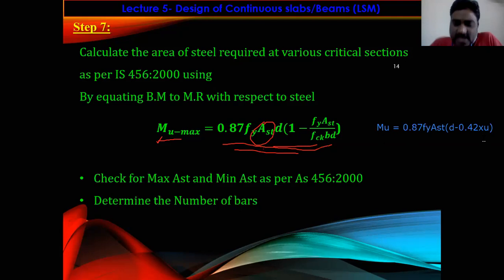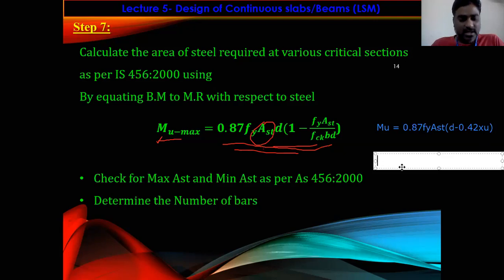Right? So what is Xu? Don't substitute whatever Xu max we just used for determining the Ast required, right? That is only for checking purpose. But the reinforcement should be calculated based upon the actual depth of neutral axis, that is Xu. And this Xu should be calculated by equating the compressive force equal to tension force, right? That is 0.36 fck b Xu equal to 0.87 fy Ast.